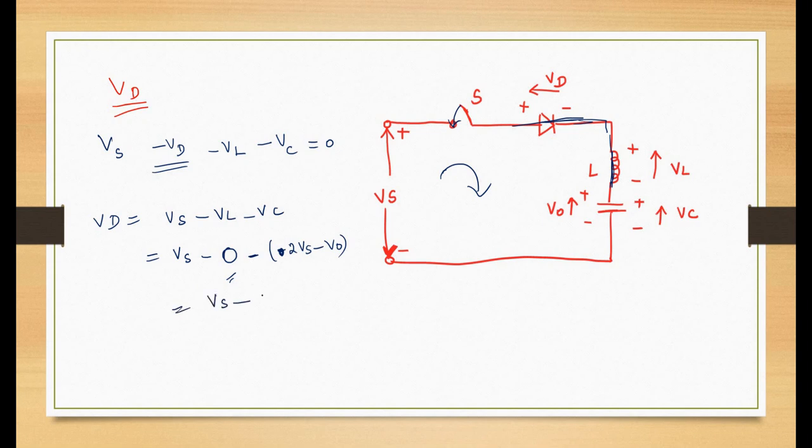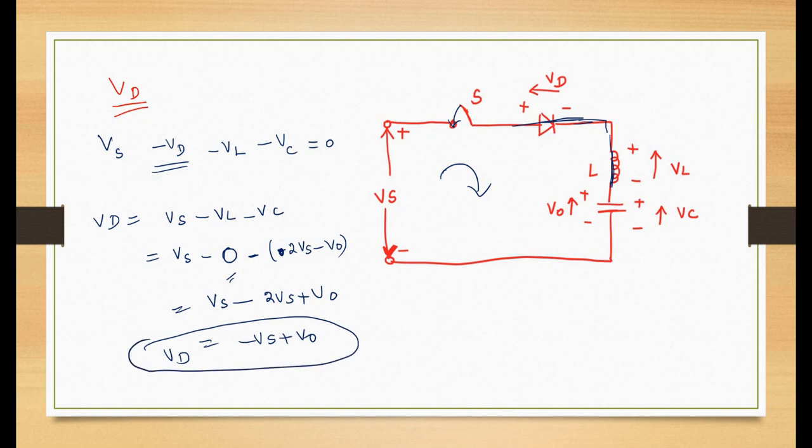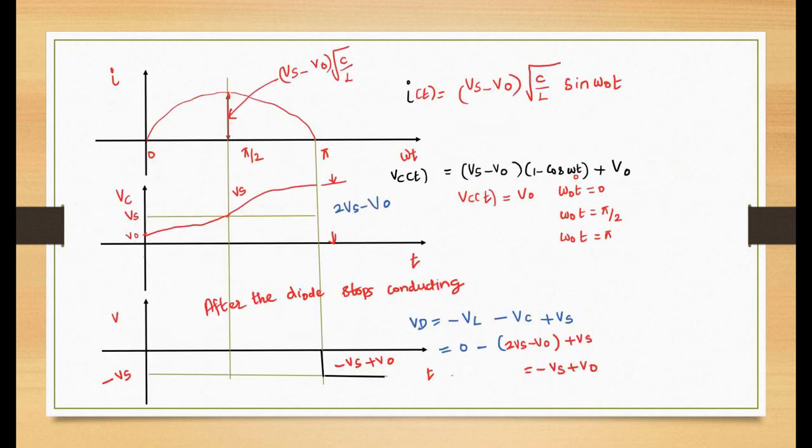So Vs minus 2Vs plus V0, that is minus Vs plus V0, the equation for the diode. These are the voltage equations for the diode as well as the capacitor. Next I am going to explain how to draw the waveforms for current, capacitor voltage and diode voltage.